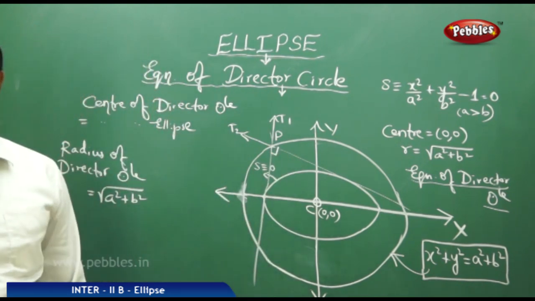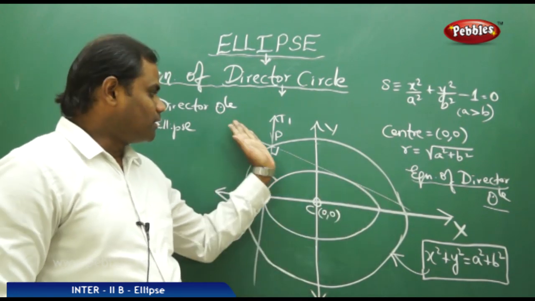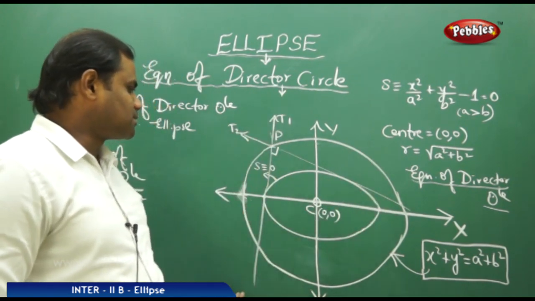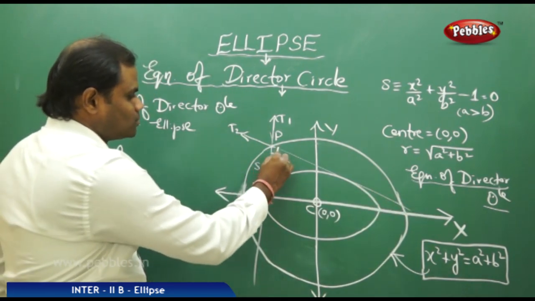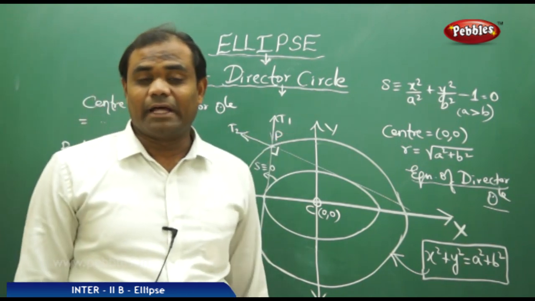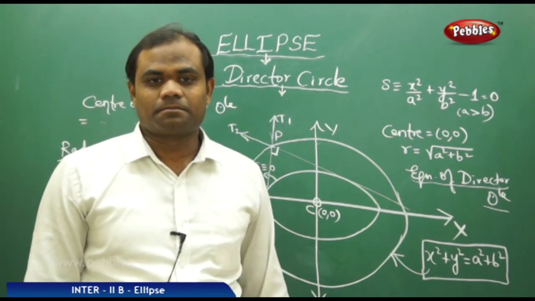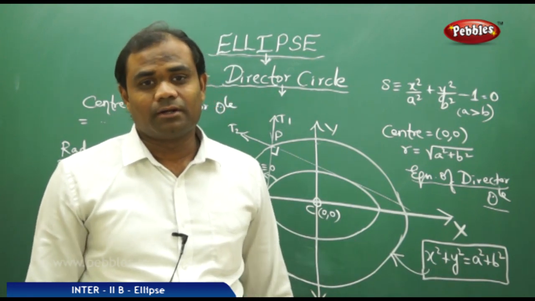This is how we understand the director circle connected with the ellipse. When I draw two tangents from a point on the director circle, those two tangents act as perpendicular tangents to the ellipse. This is how we see the connection of director circle with the ellipse. Equation: x squared plus y squared equals a squared plus b squared.